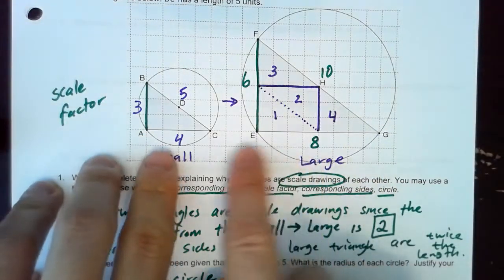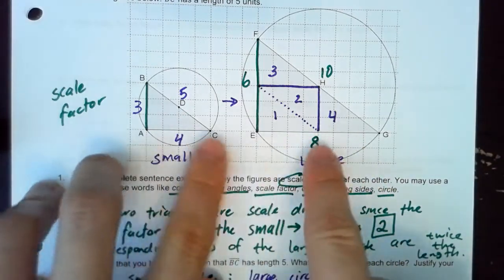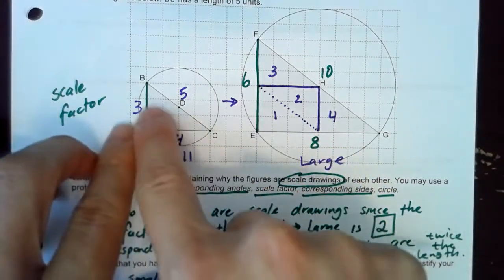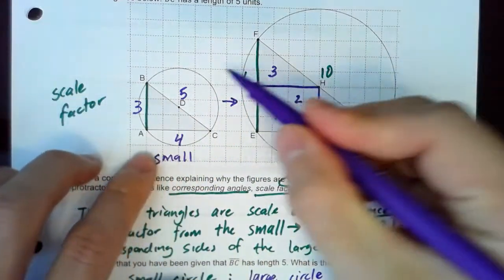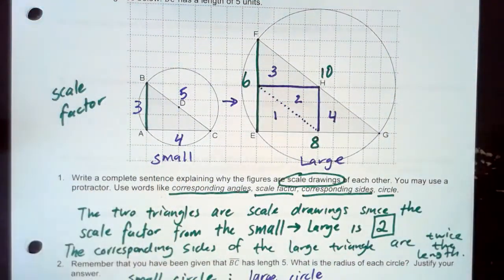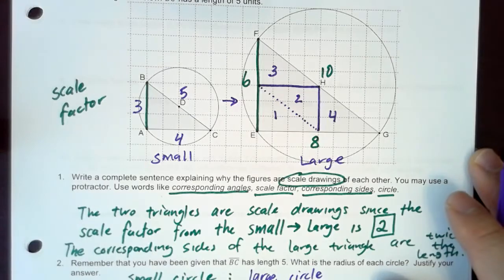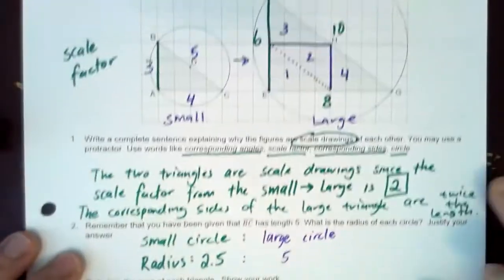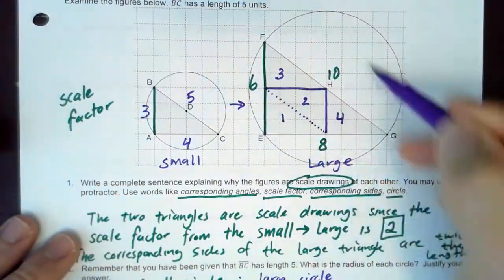So we multiply the dimensions by 2, but what happened to the area? You can see that the area became 4 times larger.